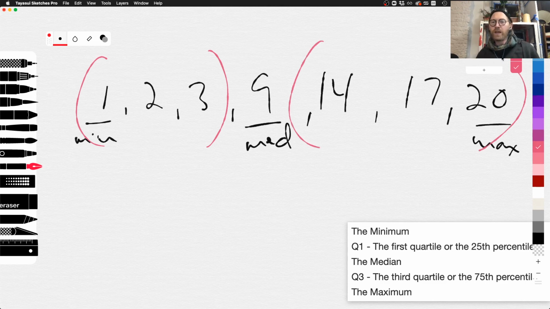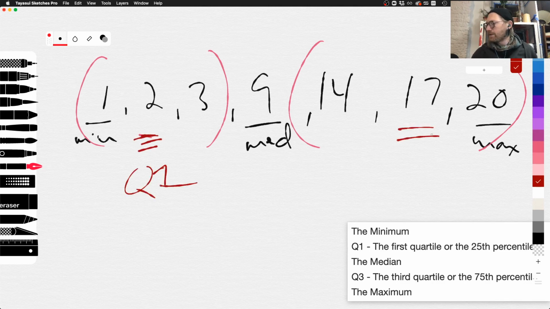You don't include the median value. And so at that point, we just need to get the median of the lower half, which is 2. There's our Q1, right? And 17, there's our Q3.